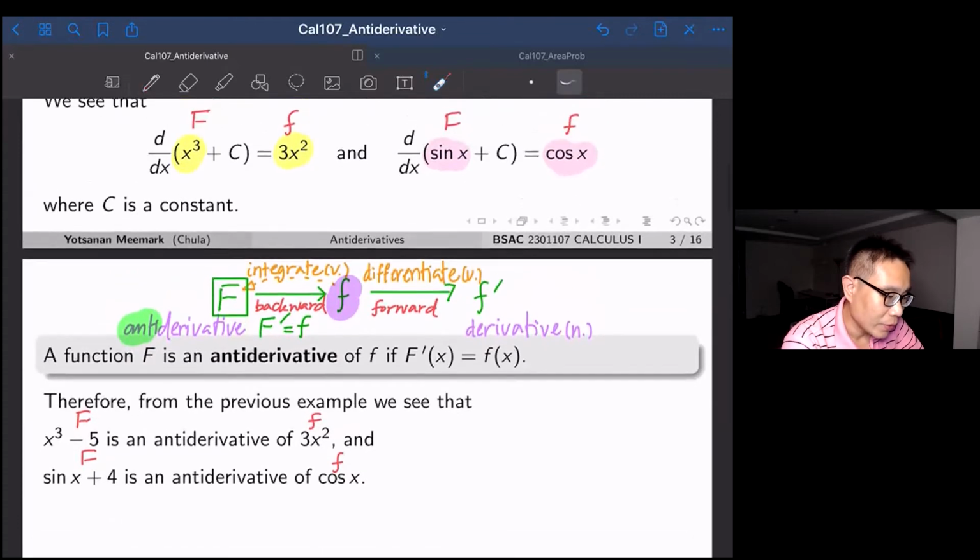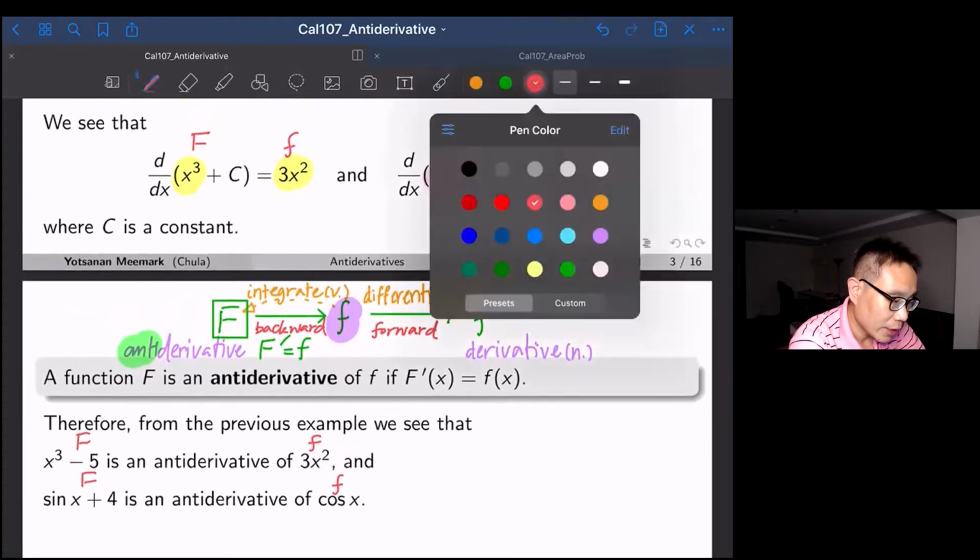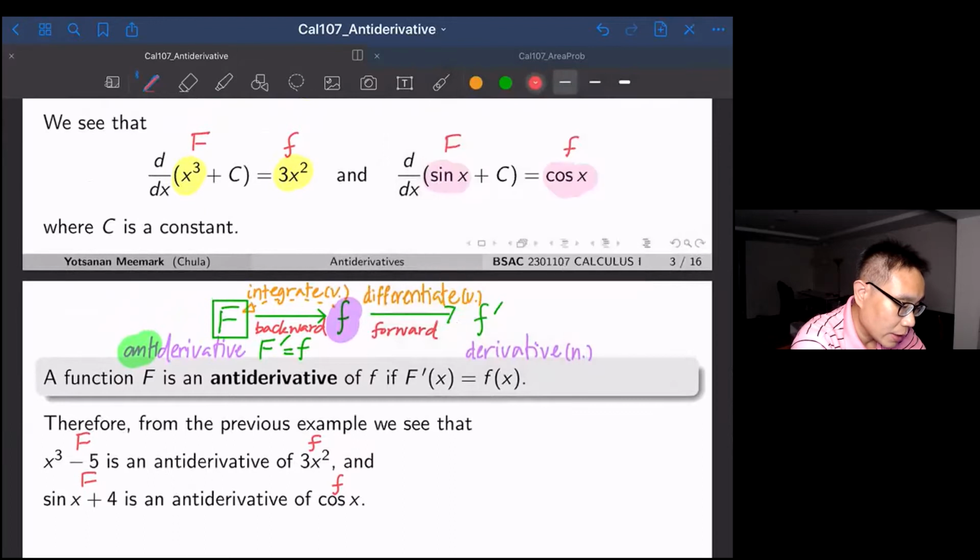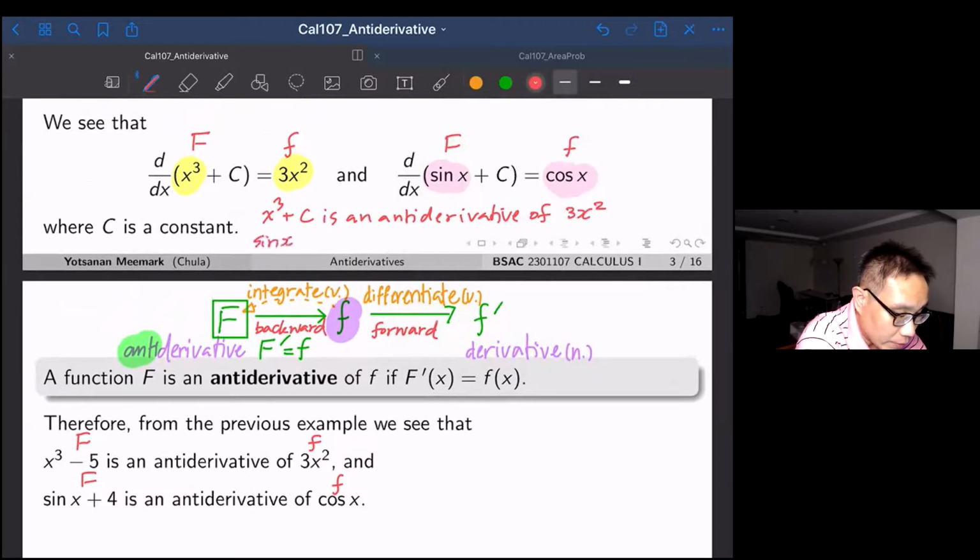You may also read this as x cubed plus c is an antiderivative of 3x squared, and sine x plus c is an antiderivative of cosine x.